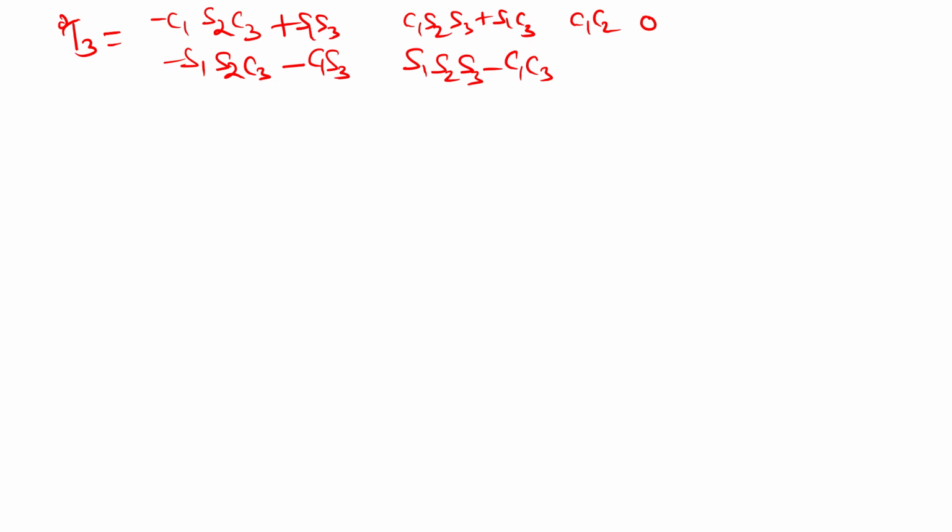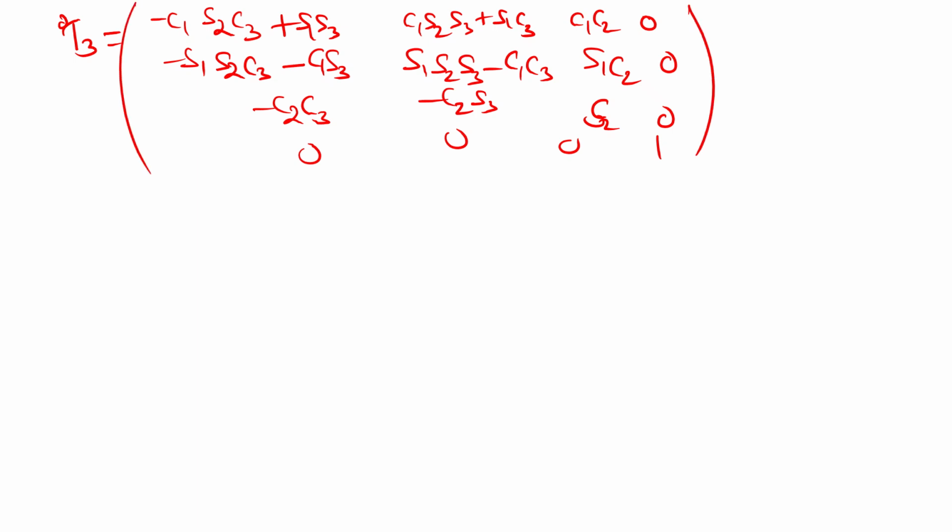Then C2 C3, minus C2 S3, then S2, 0, 0, 0, 0, 1. So already we have calculated P1. This is multiplied by T2 1 multiplication T1 0. If you multiply all these three, you will get this answer.